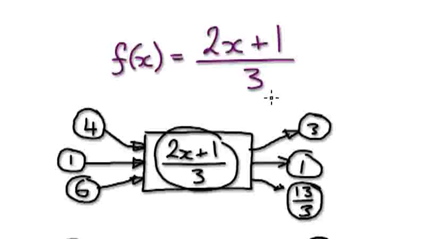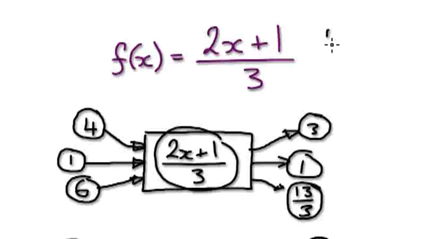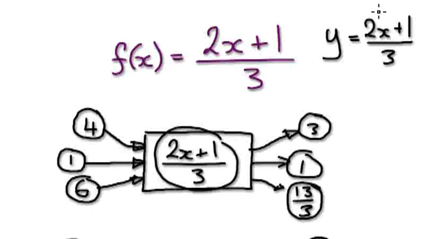Well, it's easier just for me to show it to you. Let's say you've been given this function. This is how I would do it. Let's just say f of x is y. So it's like this, and now you're working backwards. Basically, make x the subject.